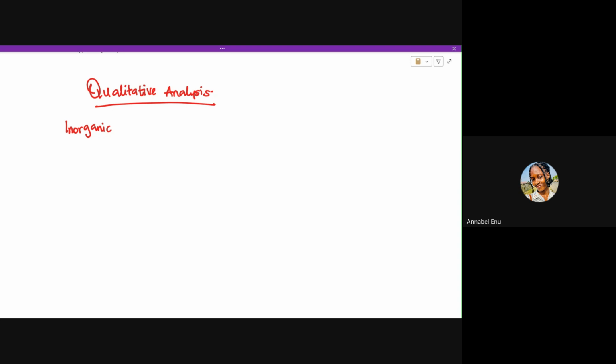Now we also have organic qualitative analysis where we go over to carbon and its compounds. For this one, we will be dealing with different homologous series, such as the series of alcohols and alkanes. We could be testing for starch, proteins, and things like that.